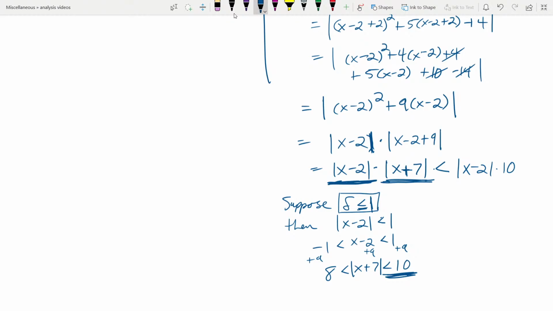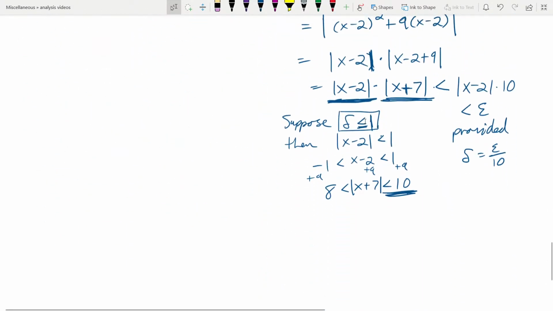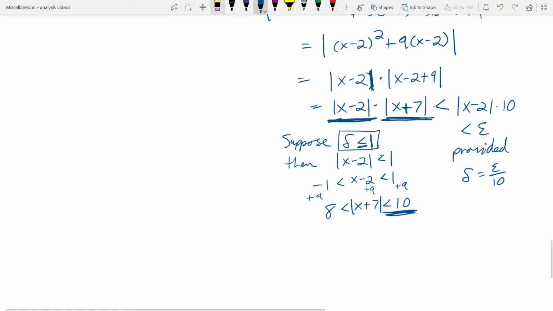And that's going to be less than epsilon, provided |x − 2| is less than epsilon over 10, so take delta to be less than or equal to epsilon over 10.